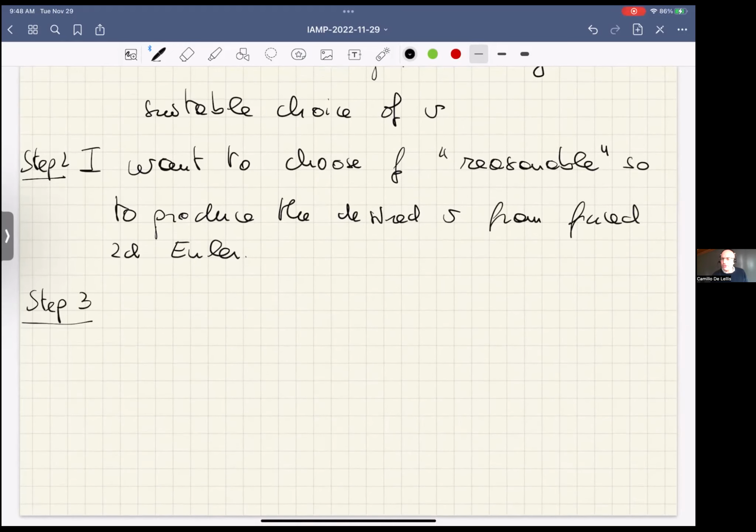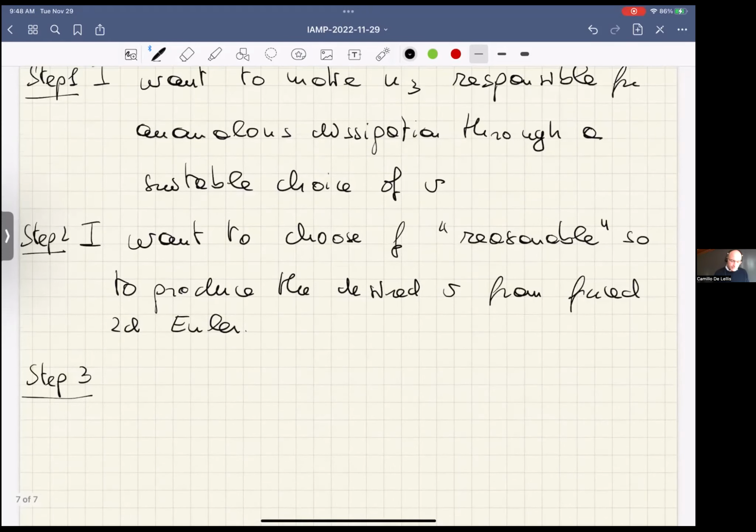And now it's where it actually gets tricky, right? Because you want to prove some sort of stability of the limiting solution, even though I put back viscosity. And as I told you, when I put back viscosity, the stability of the Euler solution is going to be very questionable because this Euler solution is not at all smooth.